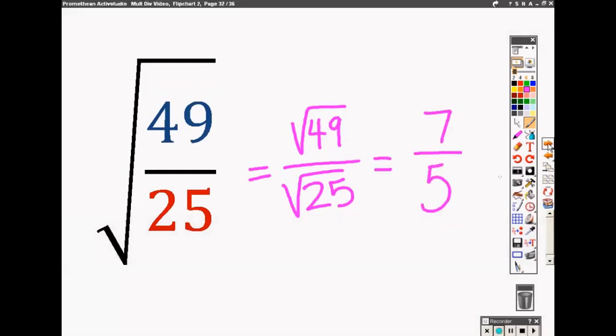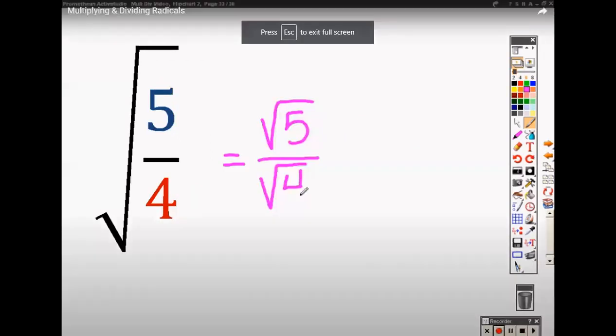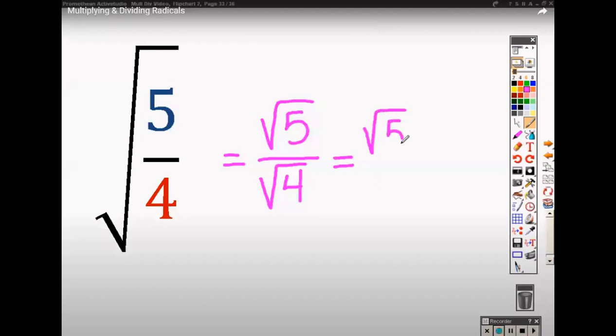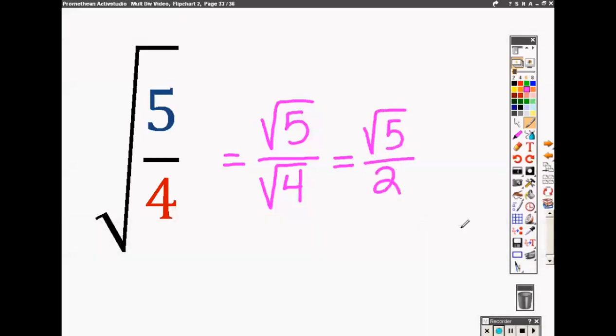Now we have square root 5 over 4. So we are going to divide it: square root 5 over square root 4, then it will be square root 5 over 2.